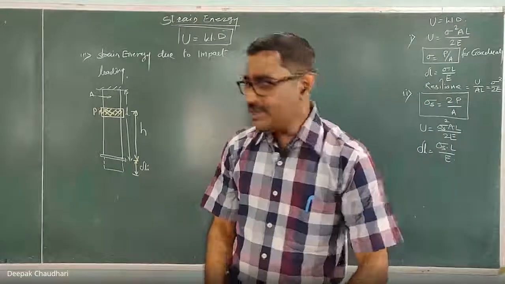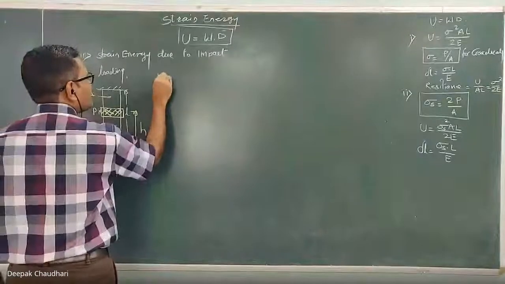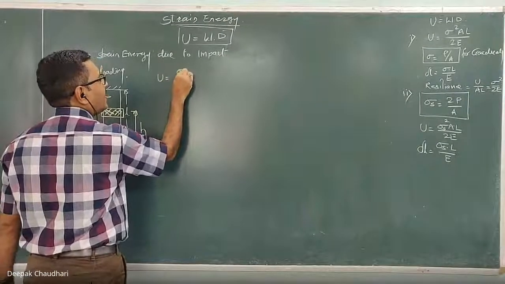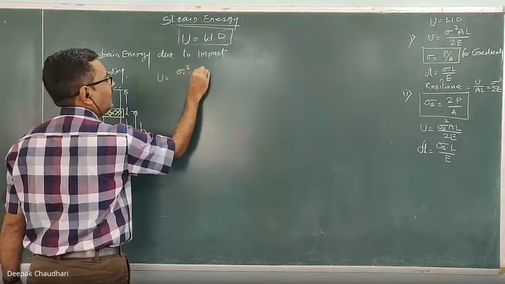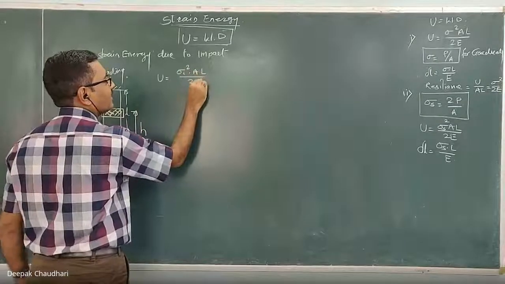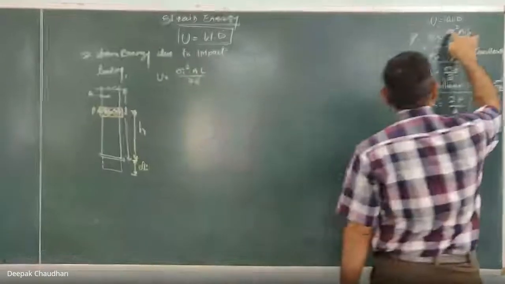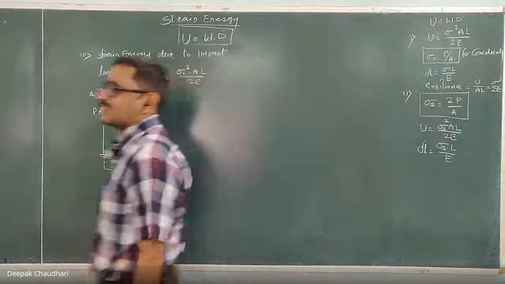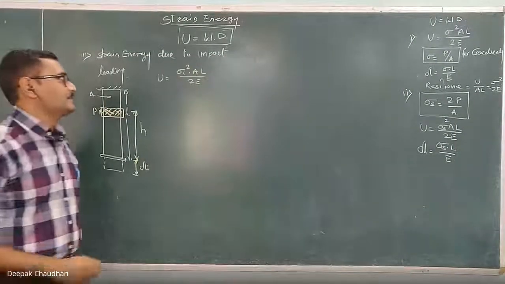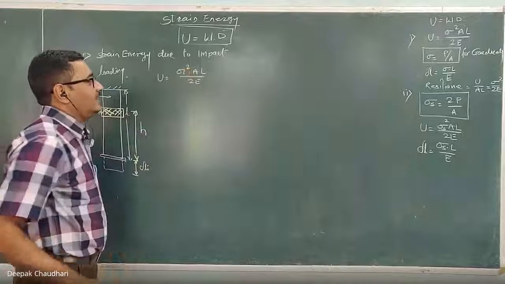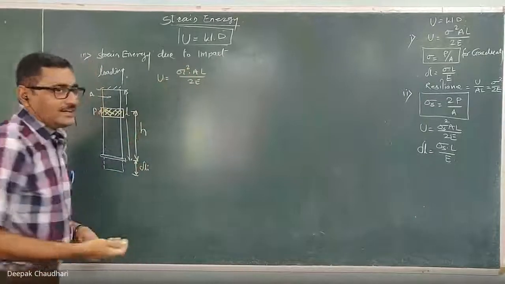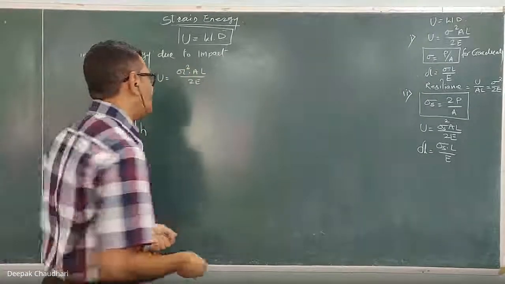Now for the impact loading, the strain energy can be written as sigma I square into Al upon 2E. I can use the same formula, but the stress is sigma I, the stress because of the impact loading. This is the strain energy. Now we know that the strain energy is equal to the work done.